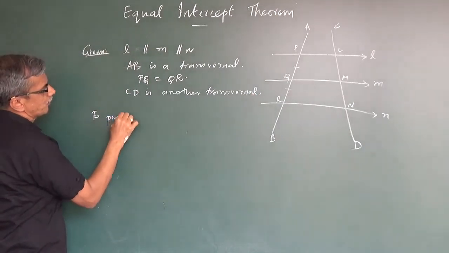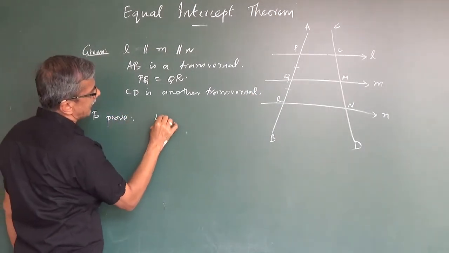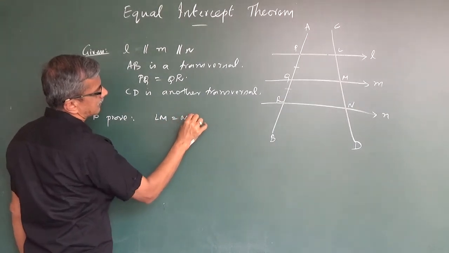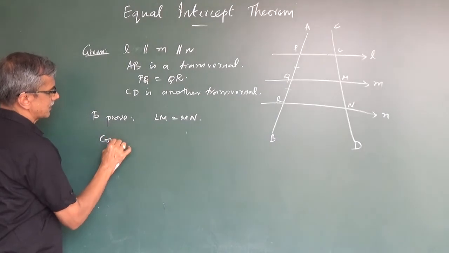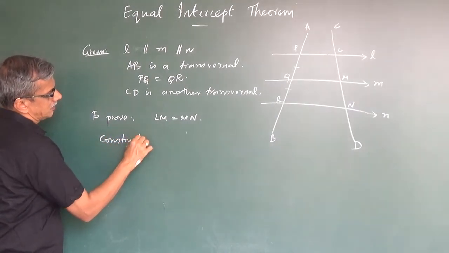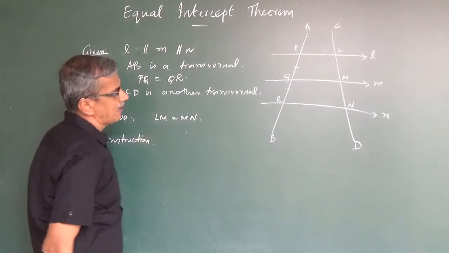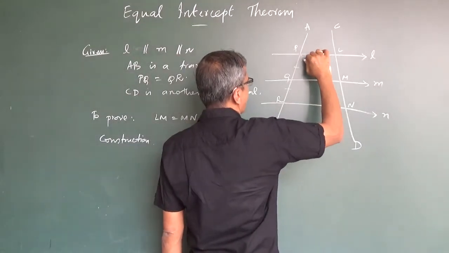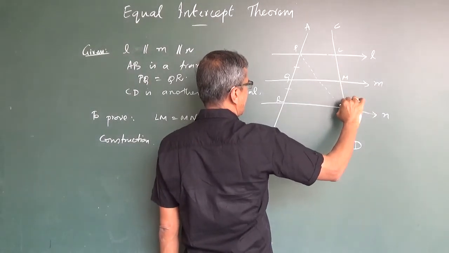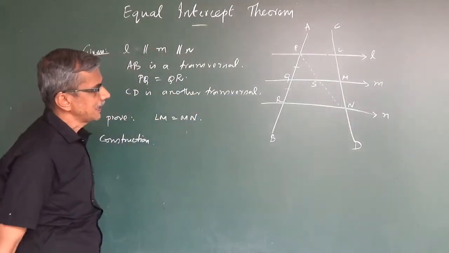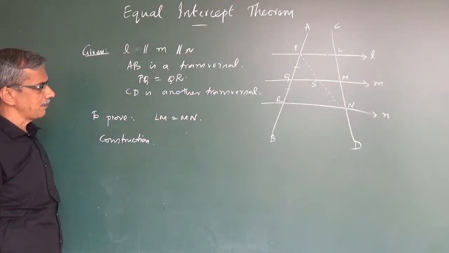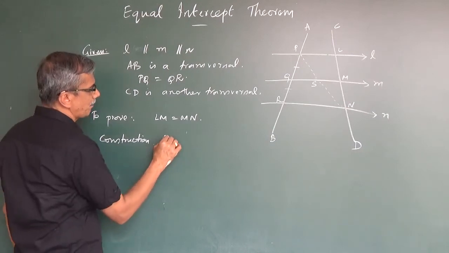Now what do I have to prove? I have to prove that LM is equal to MN. So construction is what I will do. I will join P and N, and let us say this is cutting the M line at S. Join PN.